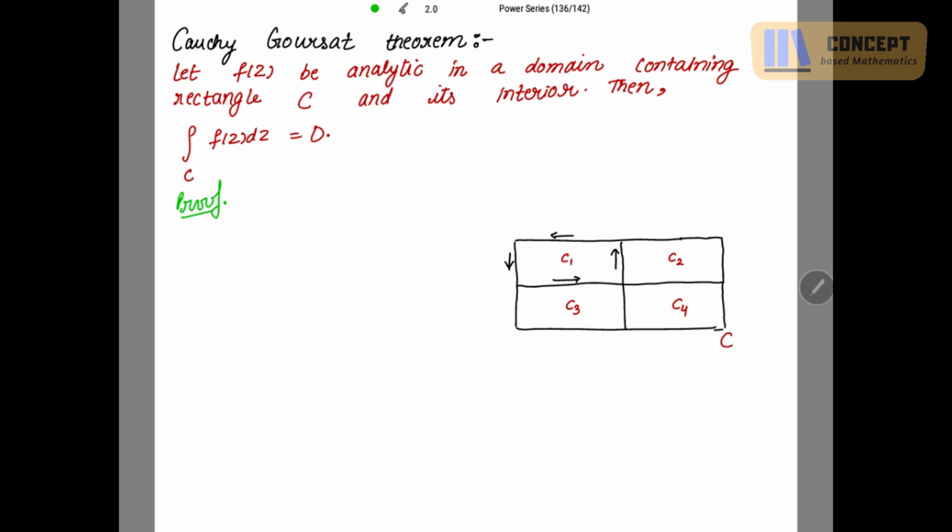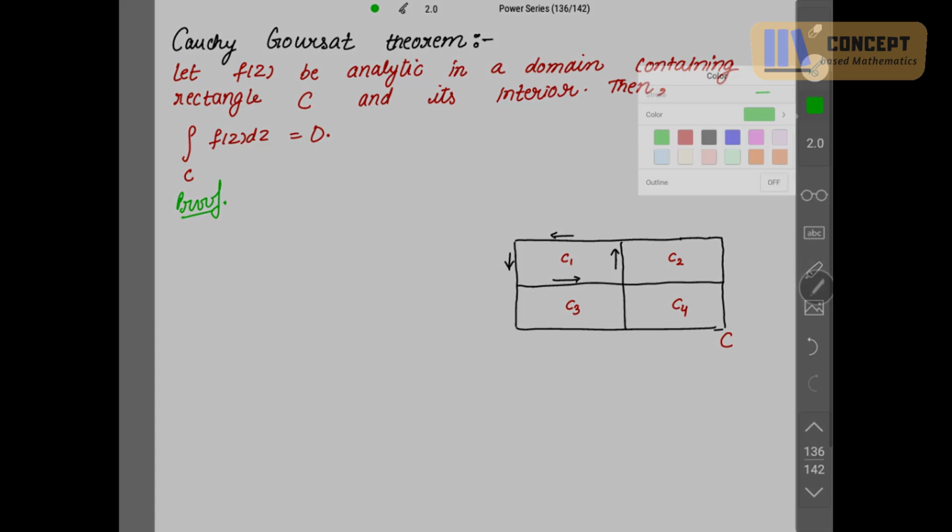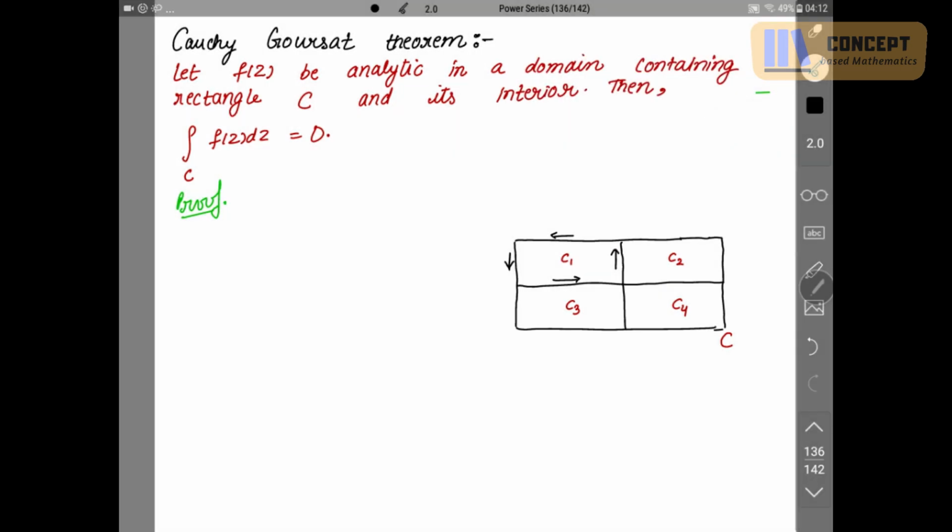Now here it is taken as a closed contour, your rectangle, and it has been divided into 4 equal congruent rectangles. Now what will be the path followed in them? Suppose this is rectangle C1, this is C2, this is C3, this is C4. The path C1 follows is such that the domain should be on the left hand side of the path followed.